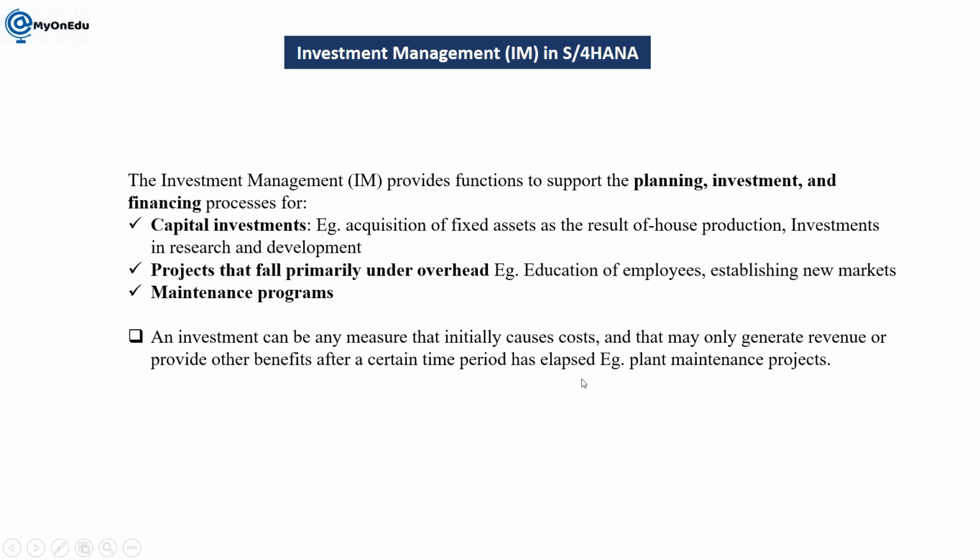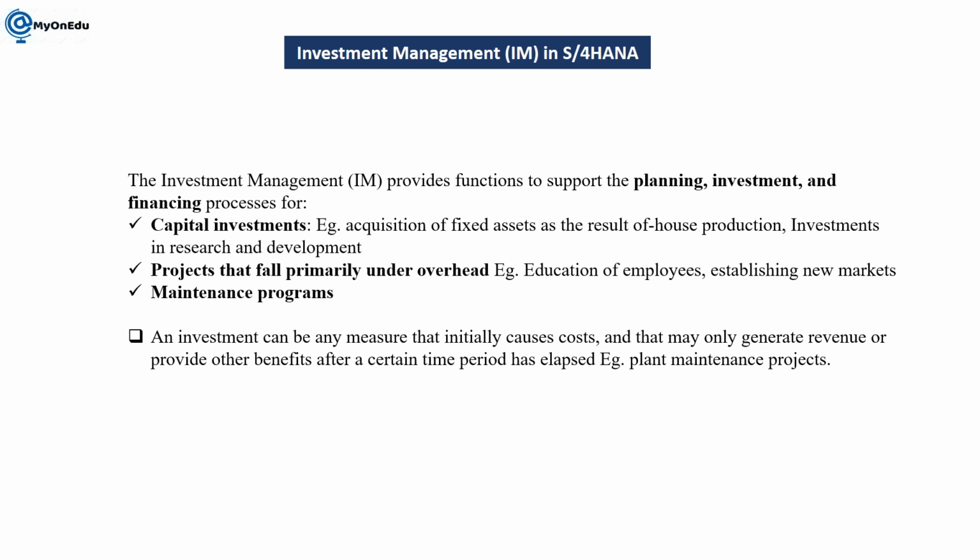Like plant maintenance projects. When you are doing this kind of project, where you are controlling the budget and managing other activities, how is it helping us? It is not helping us today. It is not directly giving benefits in the form of revenue or other direct transactions.